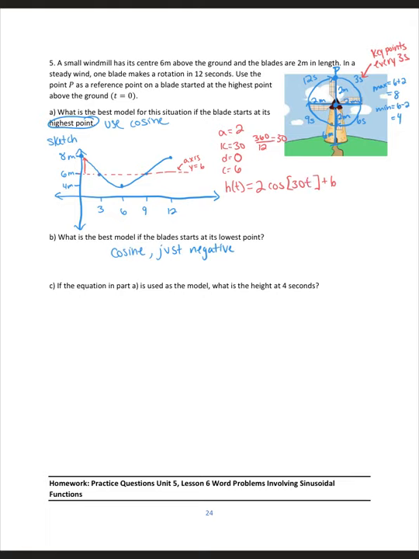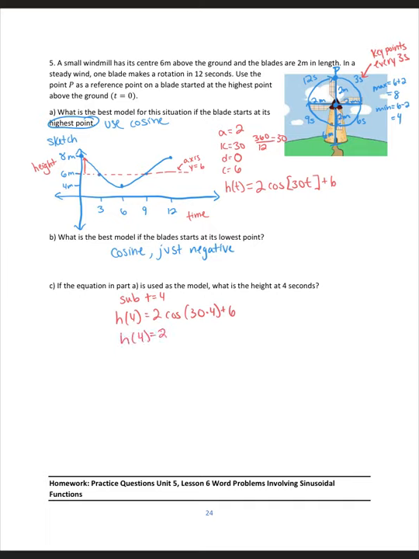Because we know that our x-axis is being represented by time, and our y-axis is being represented by height. So we'll just use function notation for our x and our y's there. So if the equation is used, what is the height at 4 seconds? So we're going to sub t equals 4 in, and I'll again use my function notation. So h of 4 equals 2 times the cos of 30 times 4 plus 6.